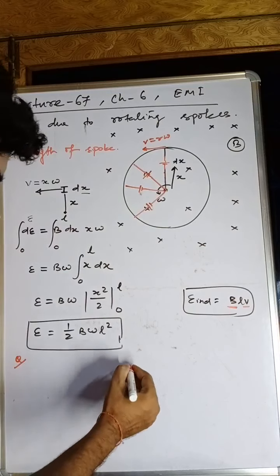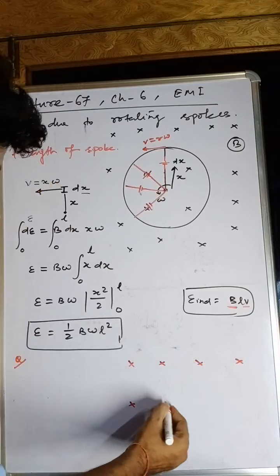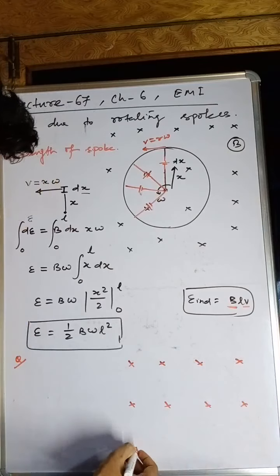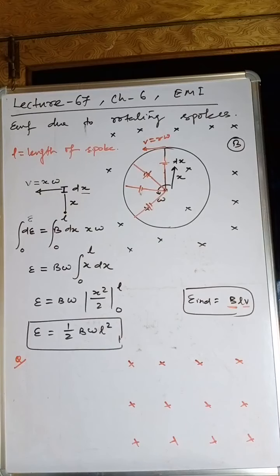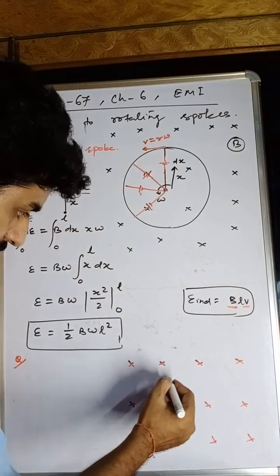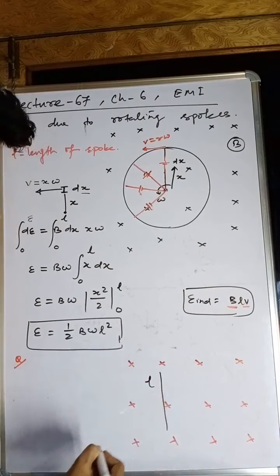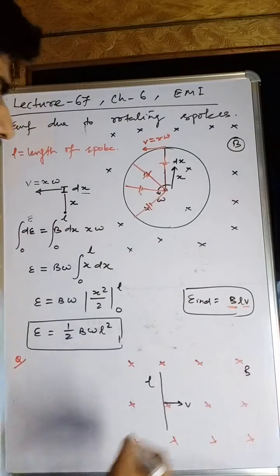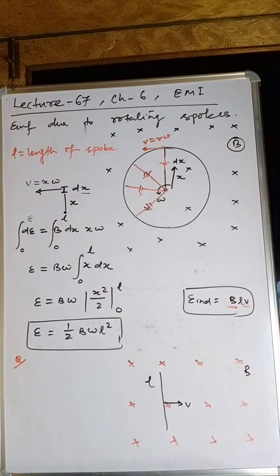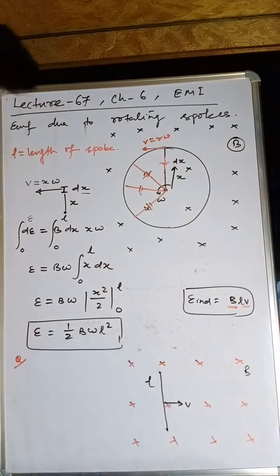Here in this uniform magnetic field, a rod of length L is moving with a particular speed v, the magnetic field is uniform, which is B, and you have to find the EMF induced between the two ends of this rod.